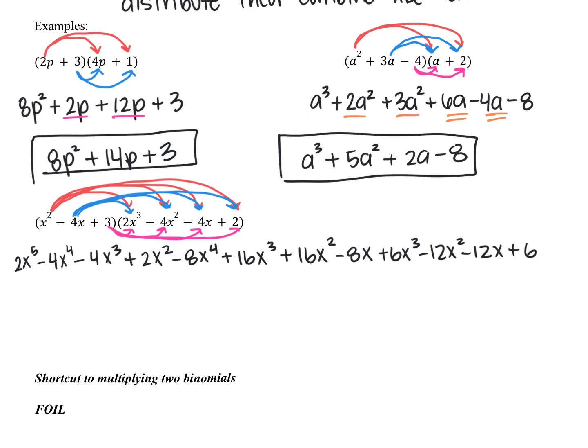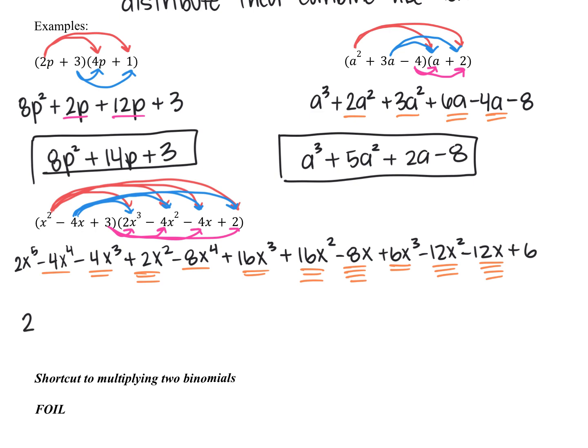I have negative 4x to the 4th and negative 8x to the 4th, negative 4x cubed, 16x cubed, and then a 6x cubed. I have 2x squared, 16x squared, and negative 12x squared, and then negative 8x, and negative 12x.